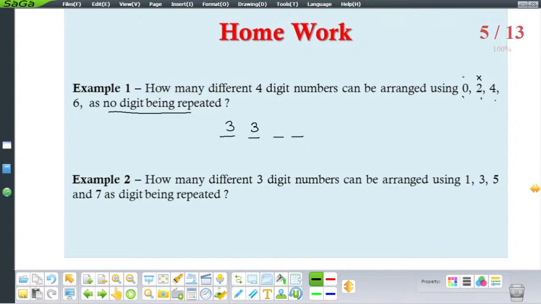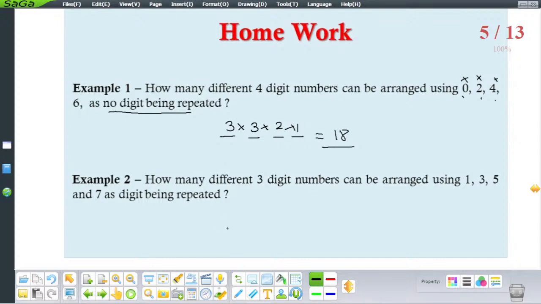If you have taken 0, the remaining are 2 for the third position, and only 1 remaining for the last. Just multiply: 3 into 3 is 9, into 2 is 18. So 18 possible 4-digit numbers can be formed using the digits 0, 2, 4 and 6.